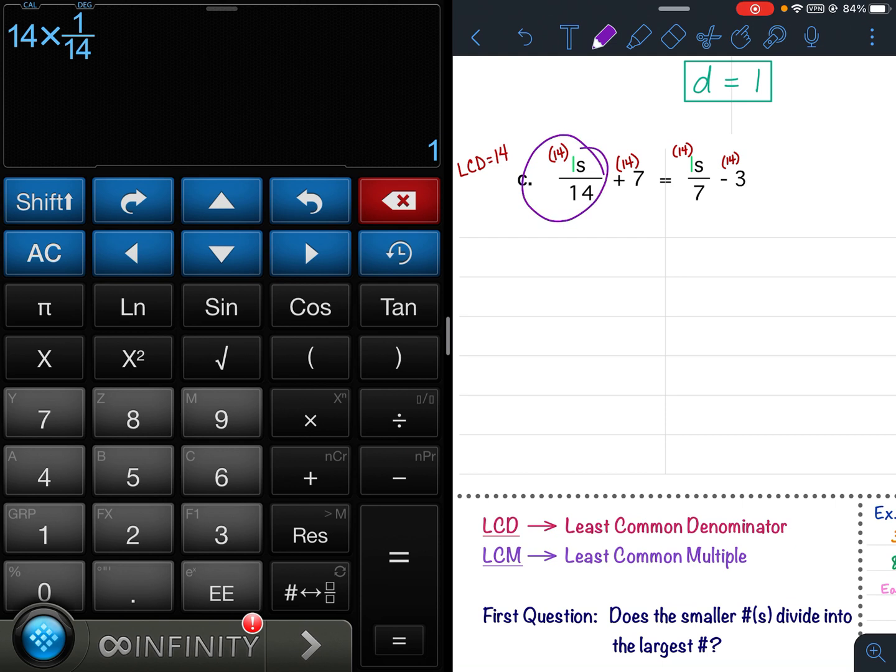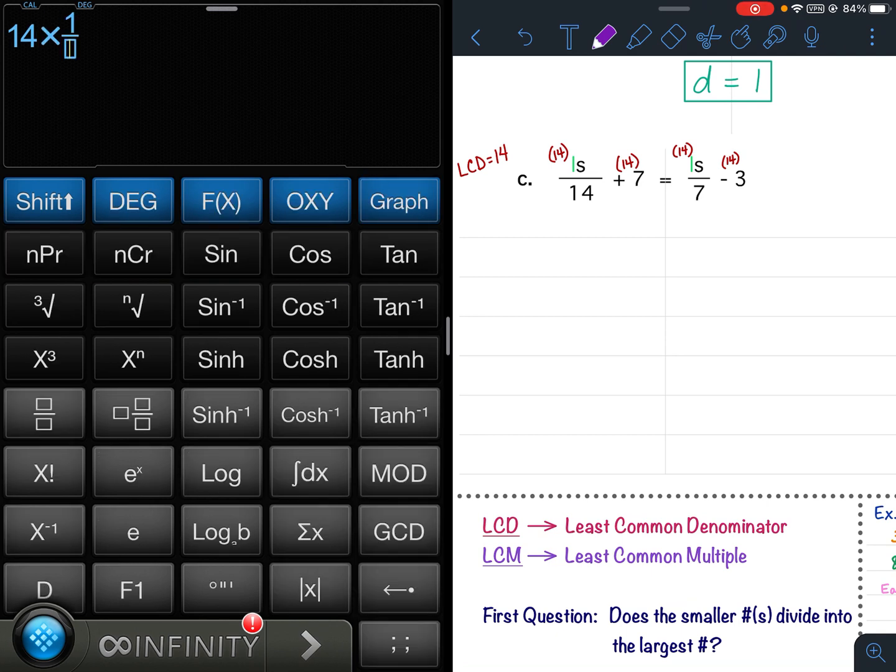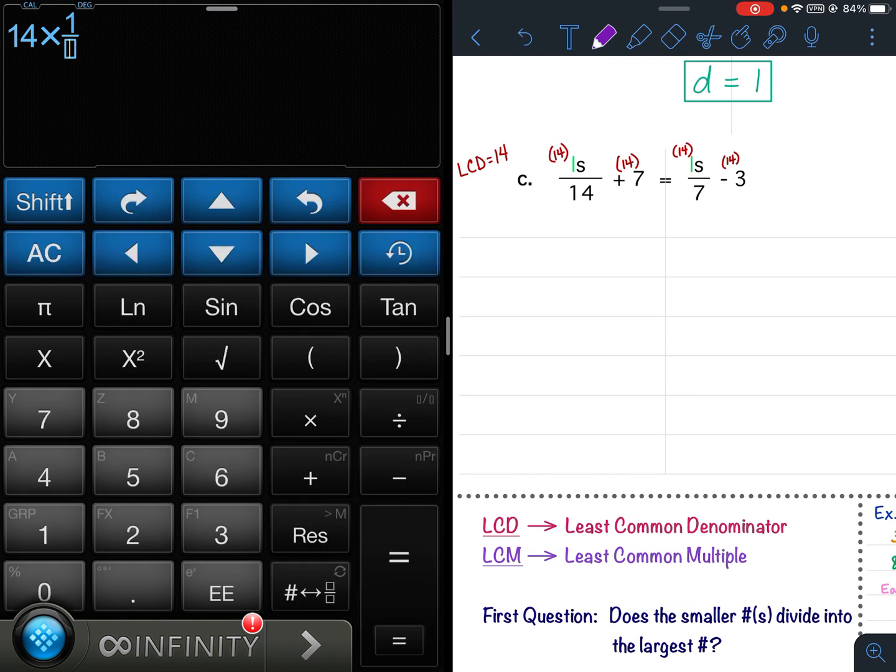So this right here is 1. And then, just to get this out of the way, 14 times 1/7 is 2. So this right here is 2.